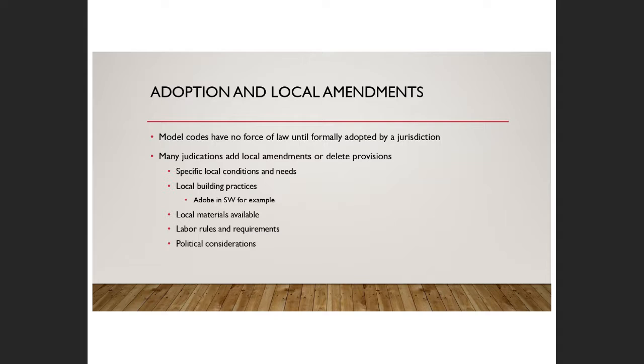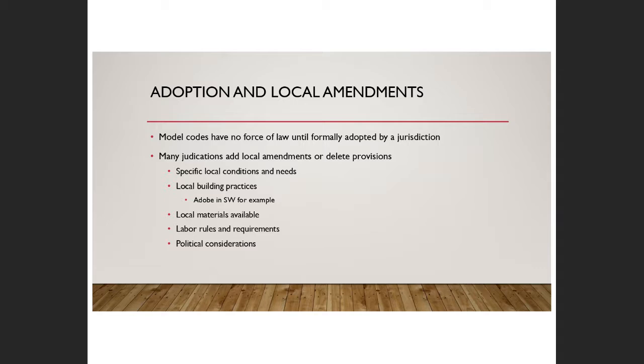Local jurisdictions will often have amendments to those codes for specific local conditions and needs, specific building practices that may make sense in a location, specific materials and availability of materials, specifics in terms of labor rules and regulations, specifics for political considerations in that town or village or city.